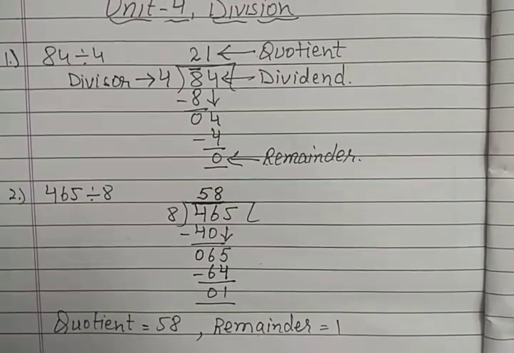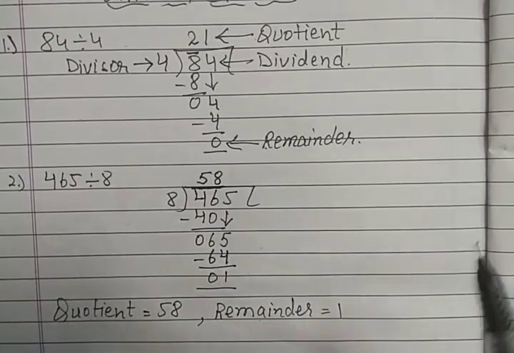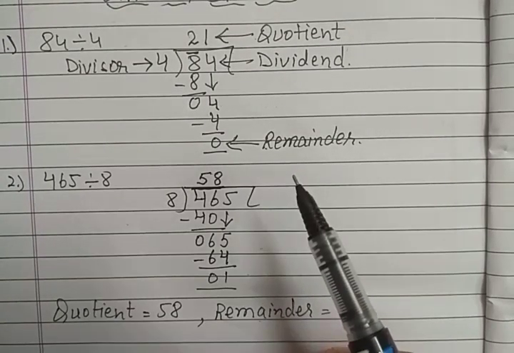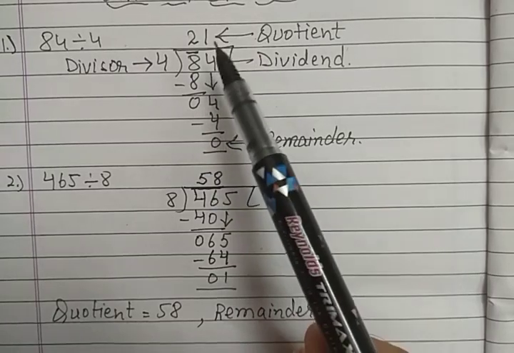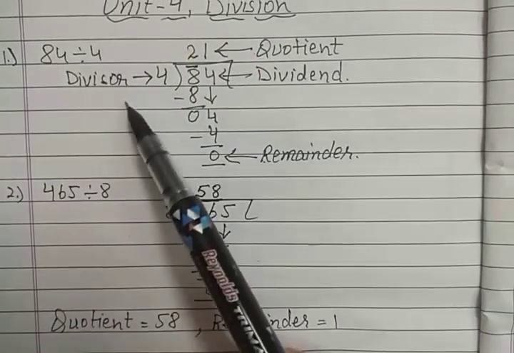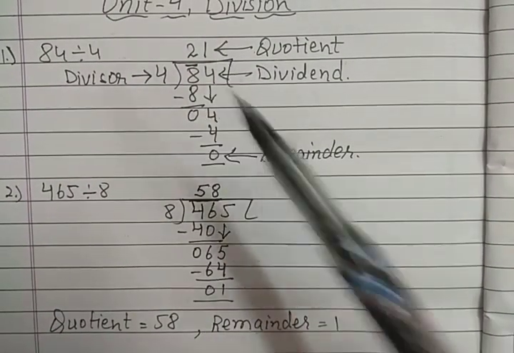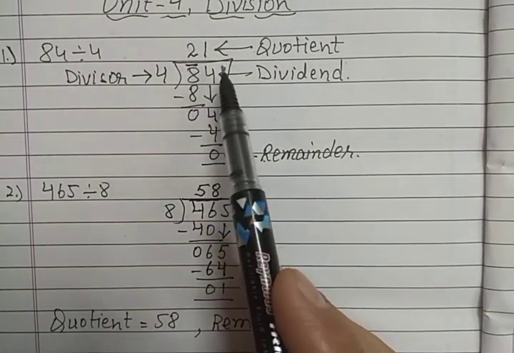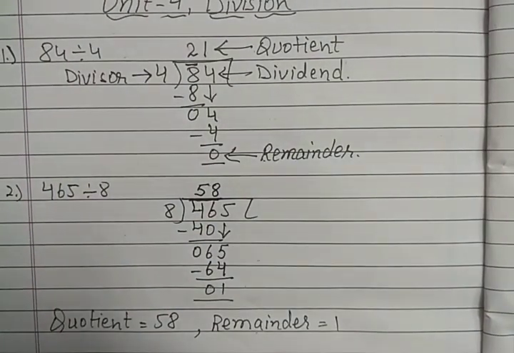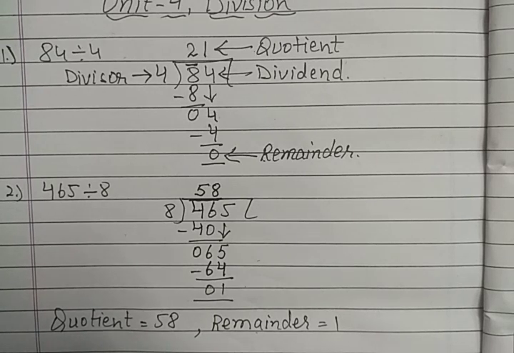Here we have one thing. When we multiply divisor and quotient, then what will come? Let us check. In this question, we will multiply divisor and quotient.